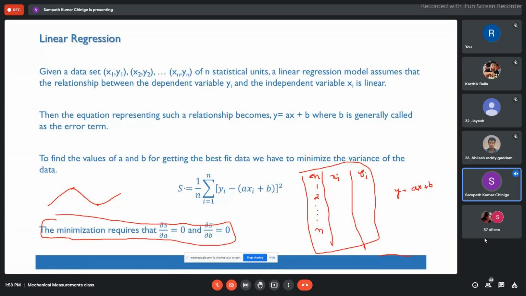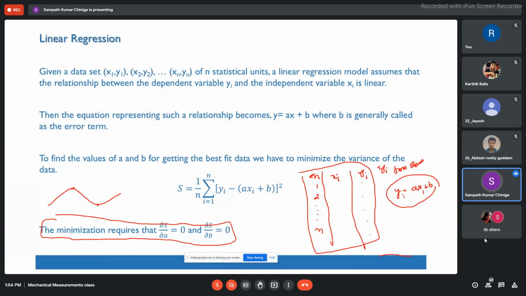What is this, sir? This is nothing but your deviation expression. What is yi? Each yi from this expression, whatever the value from this. Now that will be from axi plus b. From where will it come? We have derived an expression y equivalent to axi plus b. Whatever the each input, if I put it into the equation, I will get another yi from the regression analysis equation.